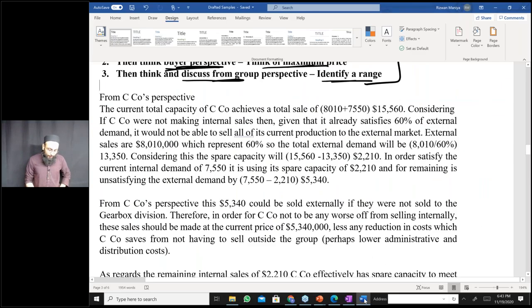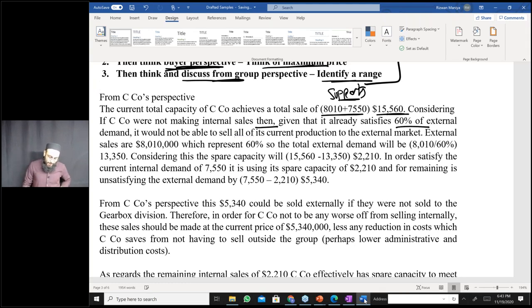The current total capacity of CECO achieves total sales of 15,560. This is the supporting calculation that you have to do. Considering if CECO were not making internal sales, given that it already satisfied 60% of the external demand, it would not be able to sell all of its current production to the external market.